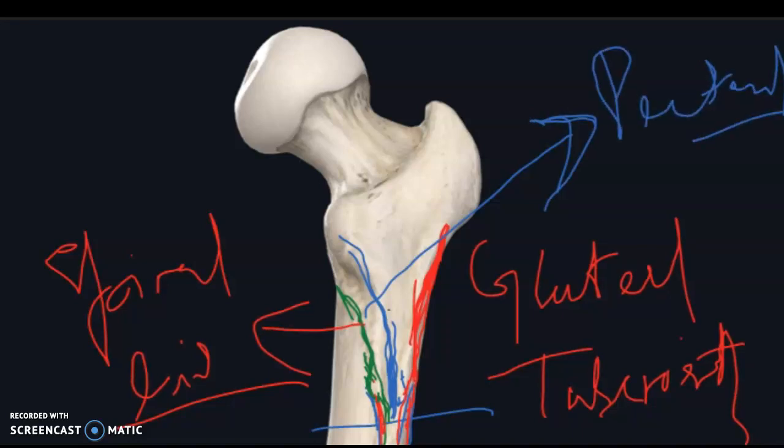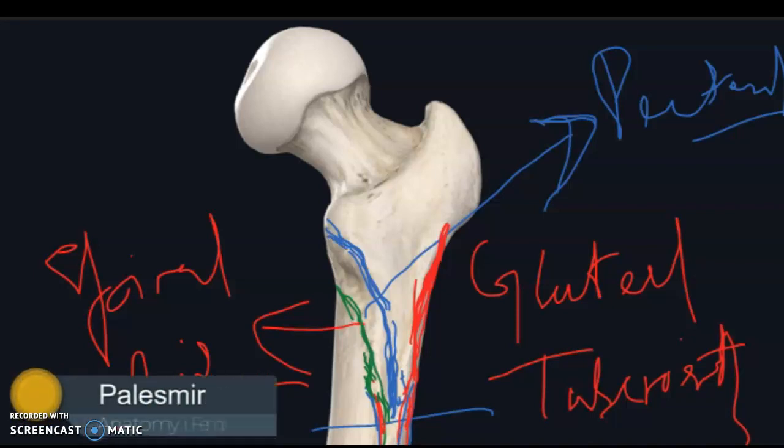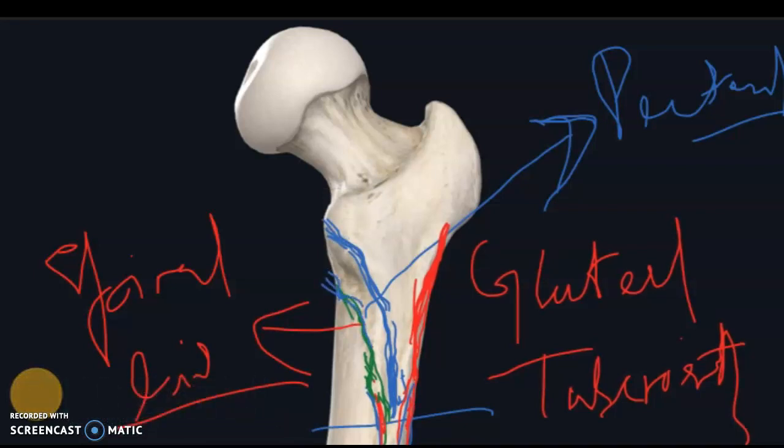The pectineal line also goes up and joins the intertrochanteric line, and the spiral line also goes up and joins the intertrochanteric line.